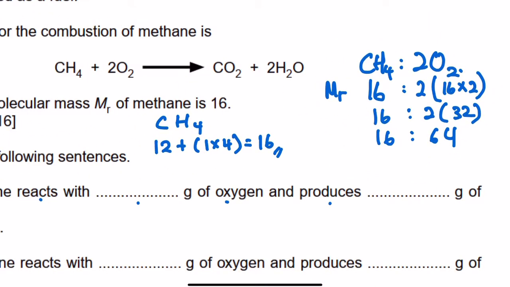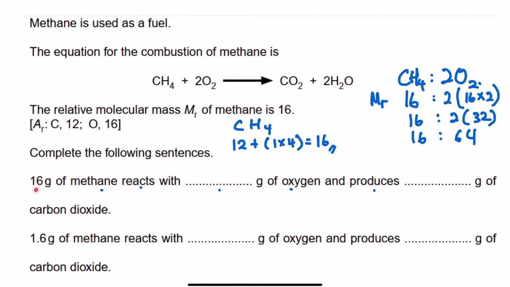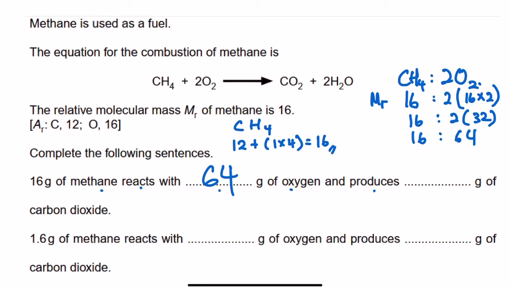So let's read the sentence again. 16 gram of methane will react with how many gram of oxygen? 64, right? So we just put the 64 here. Got that clear? Next, how do we find the mass for carbon dioxide that was produced?